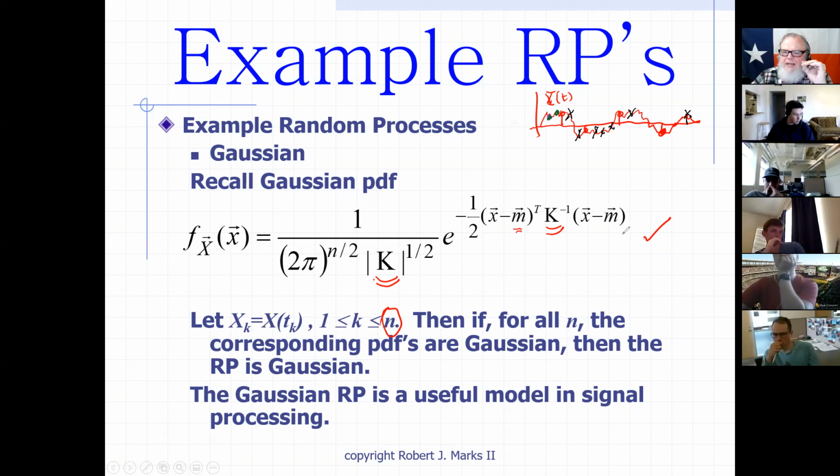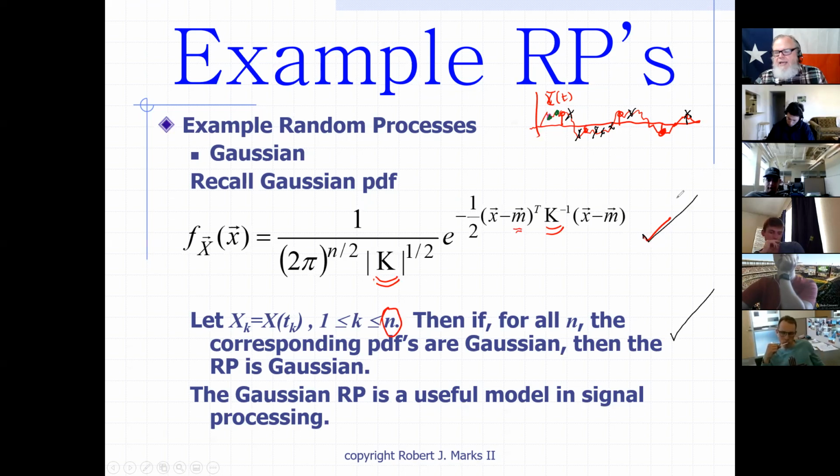And the point is, I don't care how many points you choose. I don't care what n is. If you sample this stochastic process at n different points, then that underlying stochastic process, or the underlying multidimensional random variable, is Gaussian, and it fits this distribution.